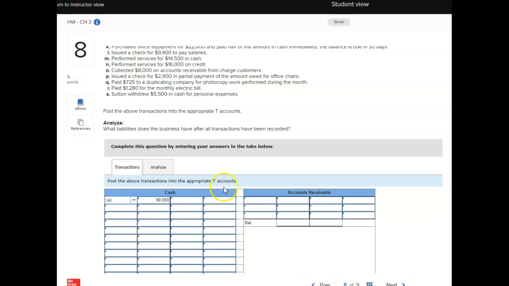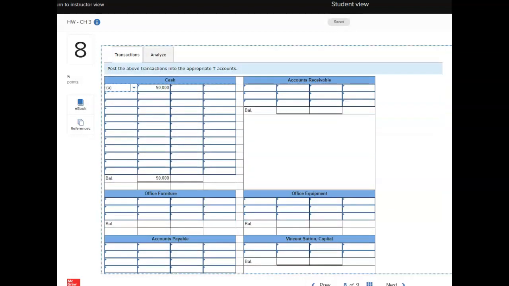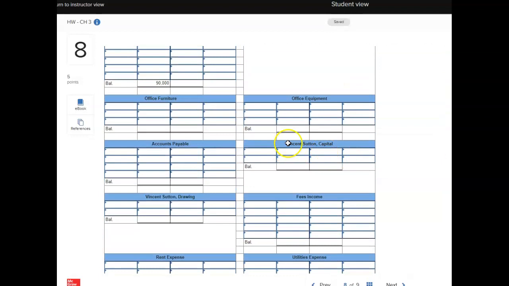Now let's complete the analysis of the capital account. Vincent Sutton Capital. Capital is an equity account with a normal credit balance. Before this business transaction, there was no balance in the capital account.